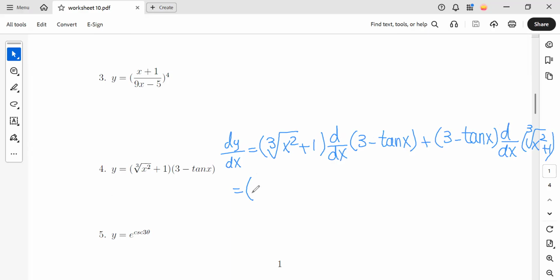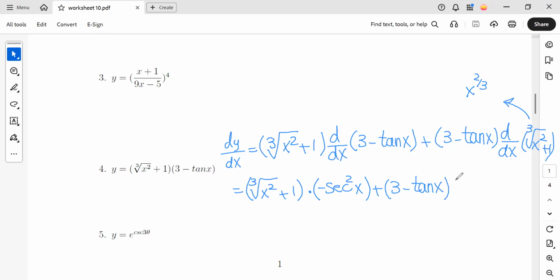So we can write it as a power function, or you can simply keep it as it is now. So what is the derivative of 3? That is 0. The derivative of tangent is secant squared, but we have a negative here, so negative secant squared, plus 3 minus tan x times, for this part, you can rewrite it as x to the power 2 over 3.